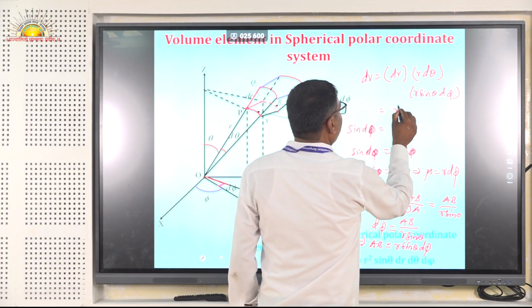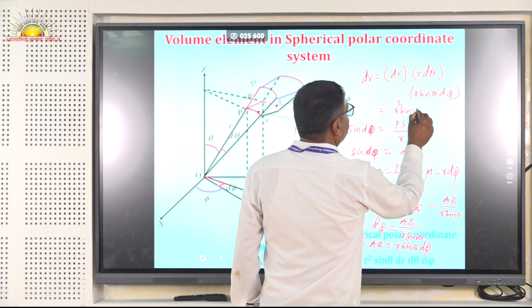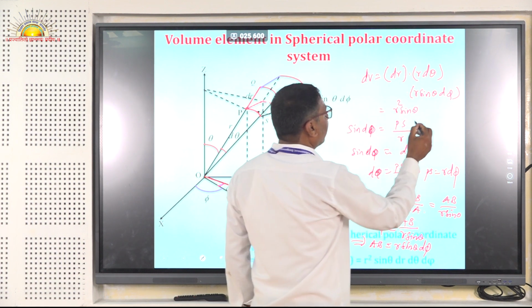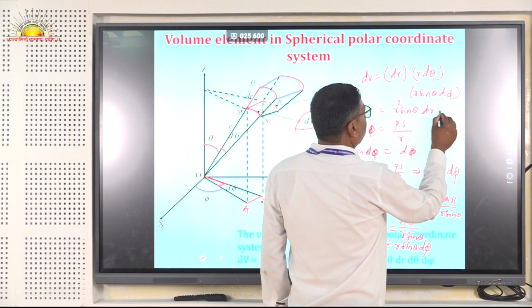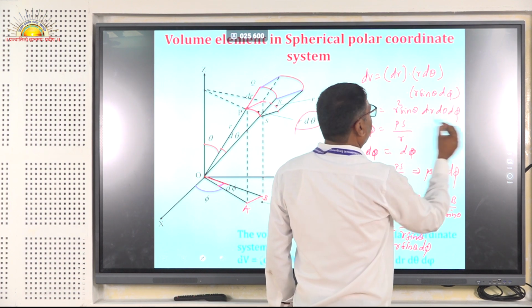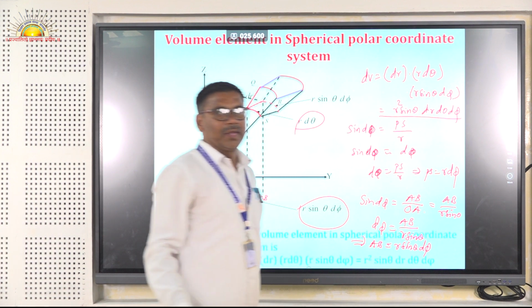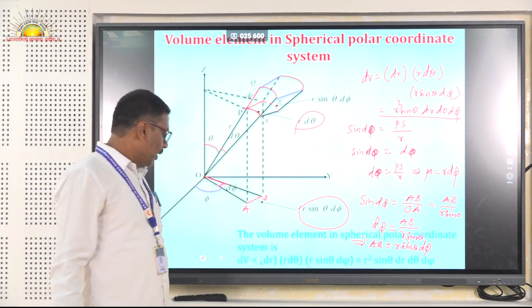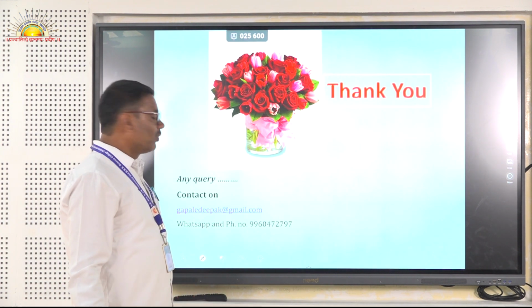So this is equal to r square sine theta dr d theta d phi. So this is the volume element in the spherical polar coordinate system. So thank you for watching.